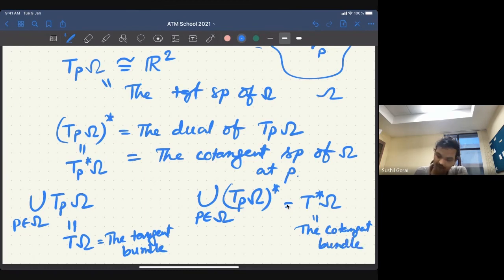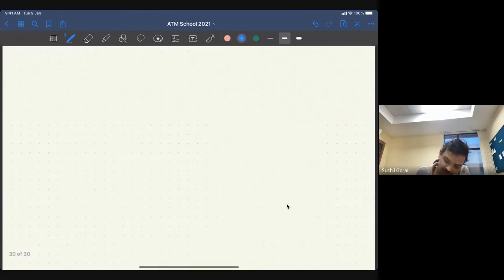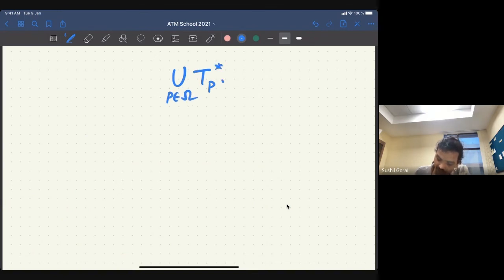Now don't go into the names tangent bundle and cotangent bundle. I look at the cotangent bundle only, the union over P in omega of T star omega. This actually forms a manifold, but we will not go into that.